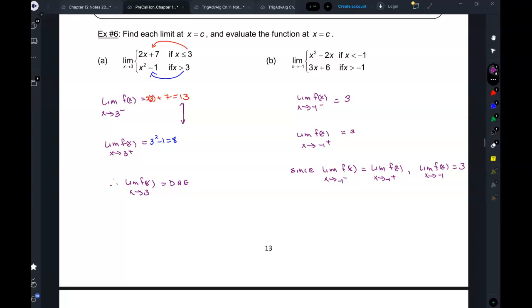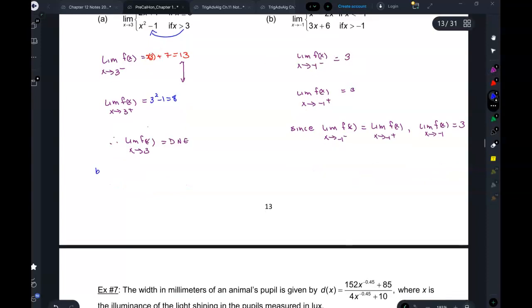Okay. Here, the reasoning for the first one would have been, right, it would have been because the limit of f of x as x approaches 3 from the negative side does not equal the limit of f of x as x approaches 3 from the positive side. So again, in math, the higher up you go, it's not about the answer.